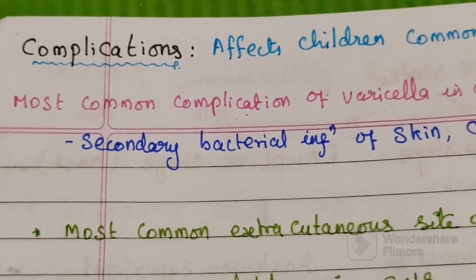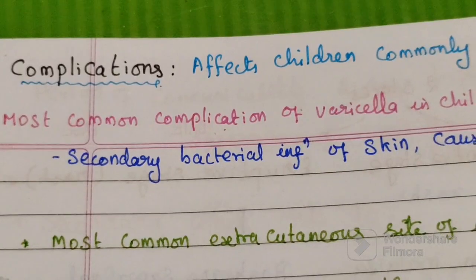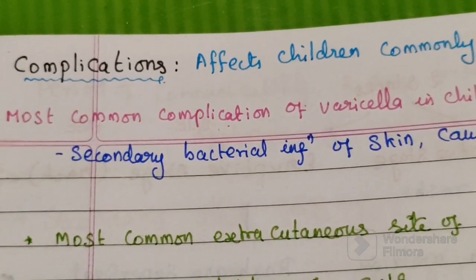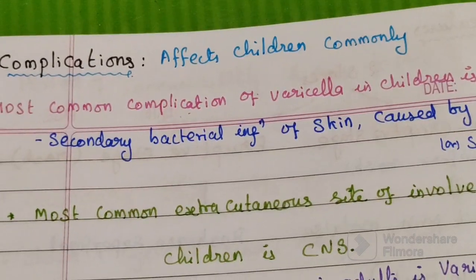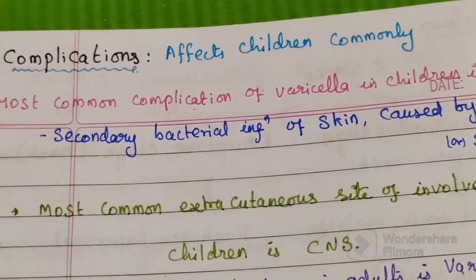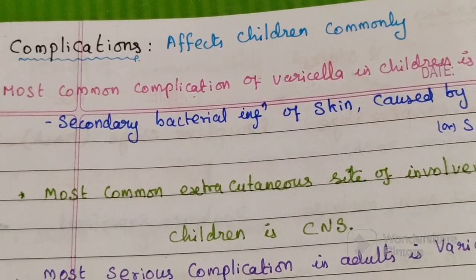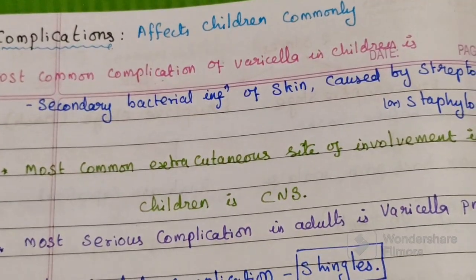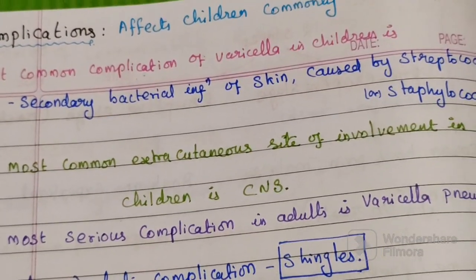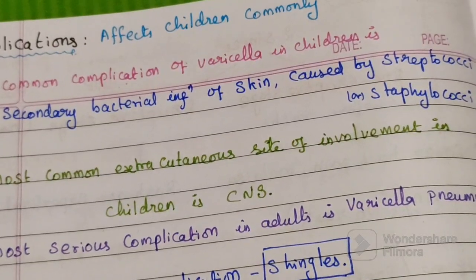Coming to complications, the most common complication of varicella in children, herpes virus type 3, is bacterial infection of the skin because of itching, usually caused by streptococci or staphylococcus.